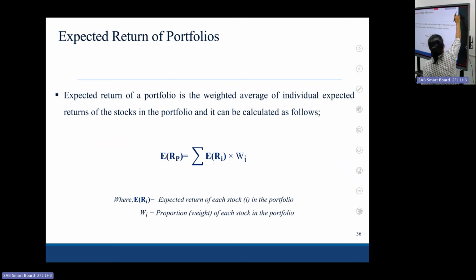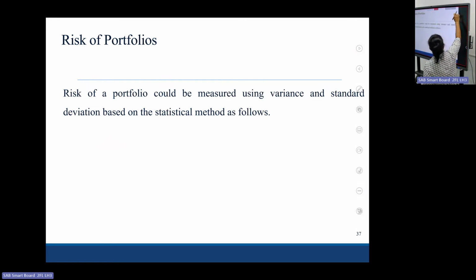Portfolio expected return covered. Now portfolio risk.